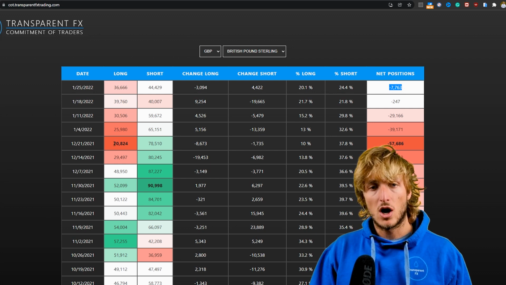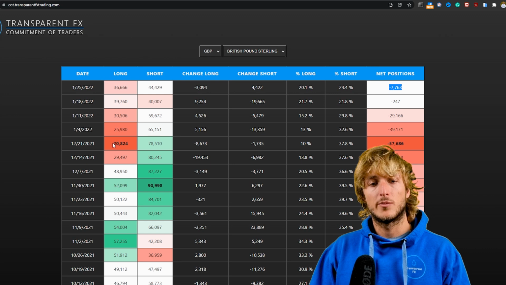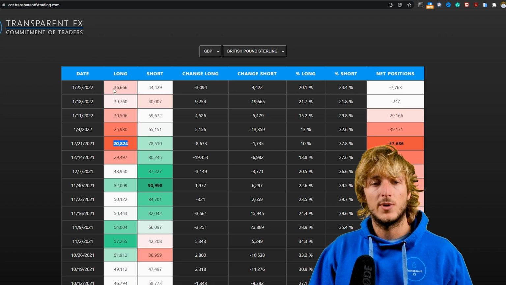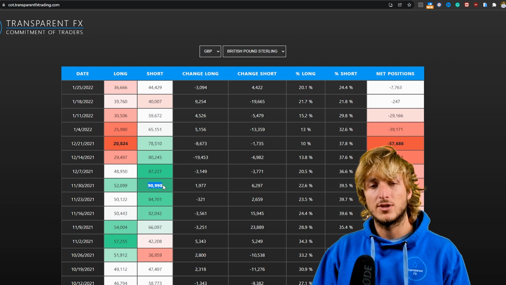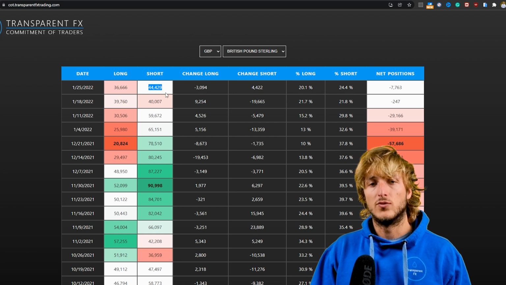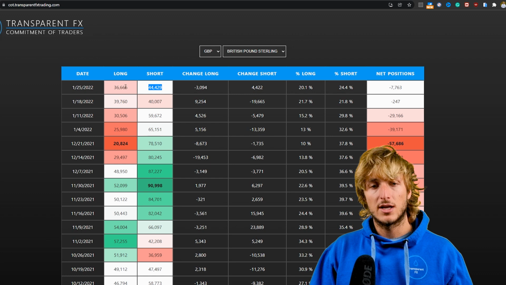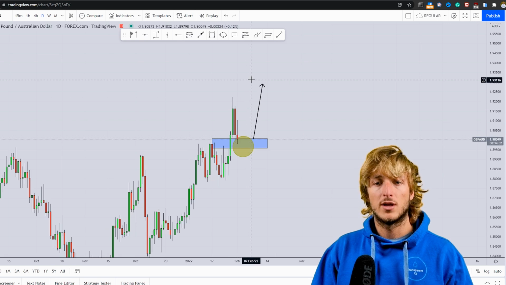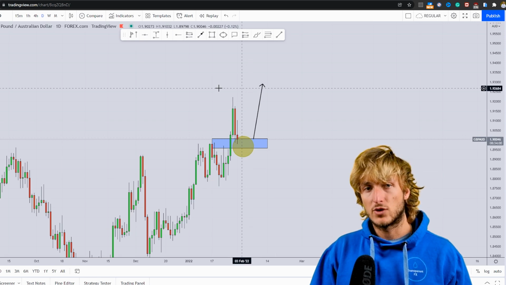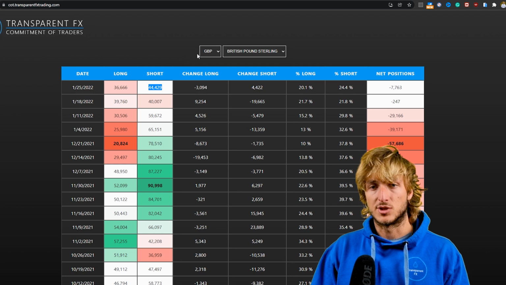In fact, longs got increased from 20.8k all the way up to 36.6k long positions from an institutional perspective, and shorts got decreased from 90.9k all the way down to 44k. So longs are getting increased, shorts are getting decreased, which means that the pound is actually looking quite bullish. So overall, in line with what we have already seen from a technical perspective.